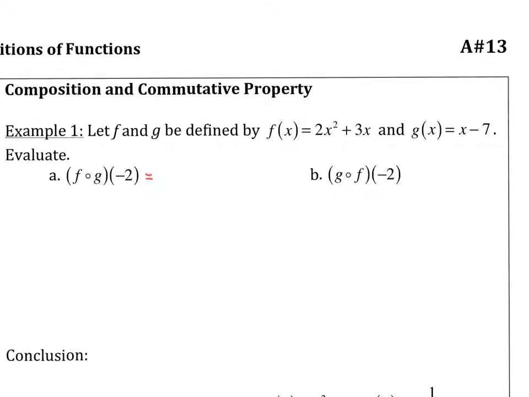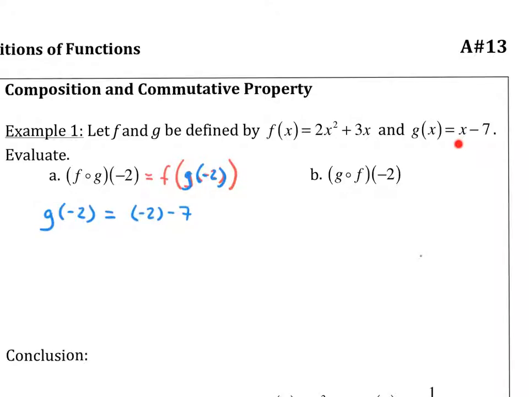So what ultimately do we do? Remember that another way to write it is to embed, like so. The first thing we're going to want to do is evaluate g of negative 2, and we're going to pass the result on to f. So g of negative 2 is simply negative 2 minus 7.